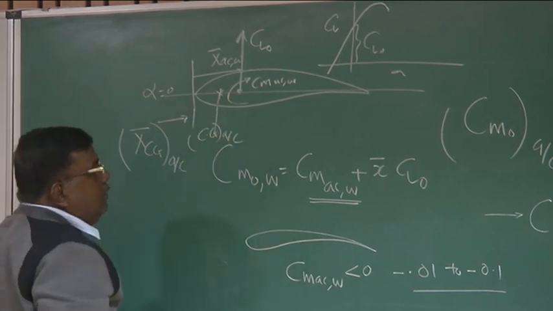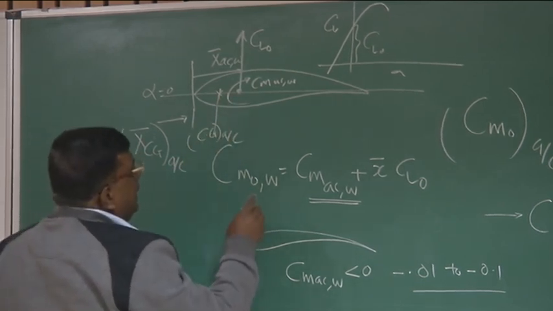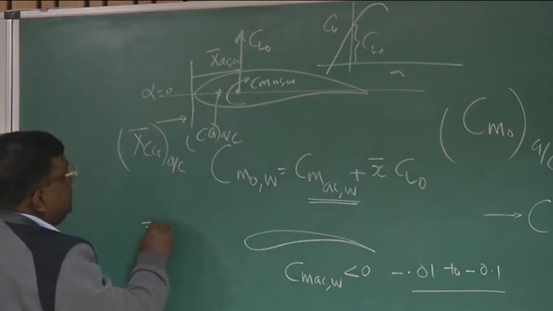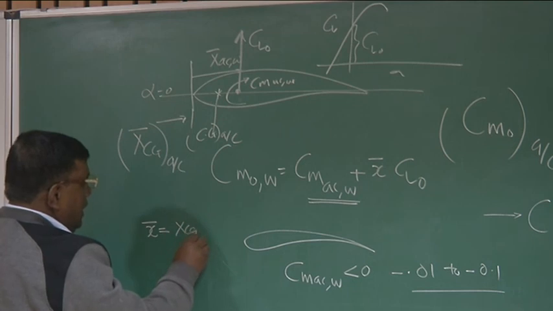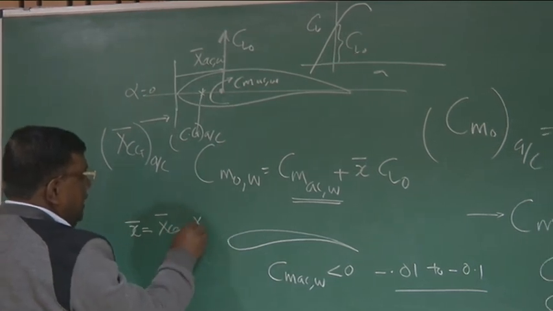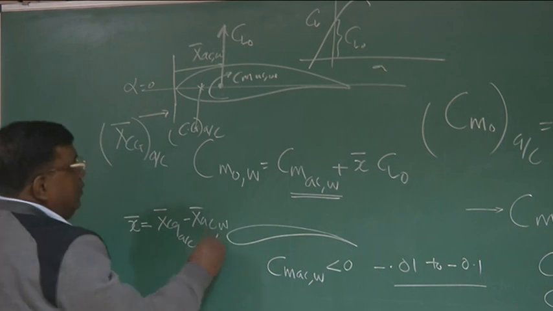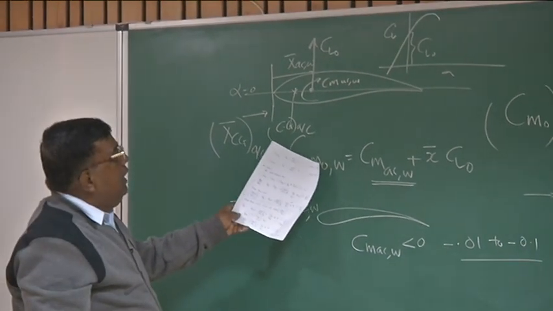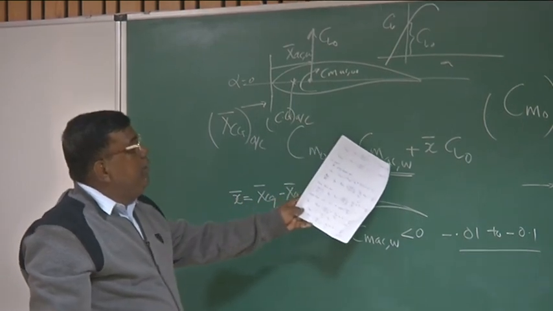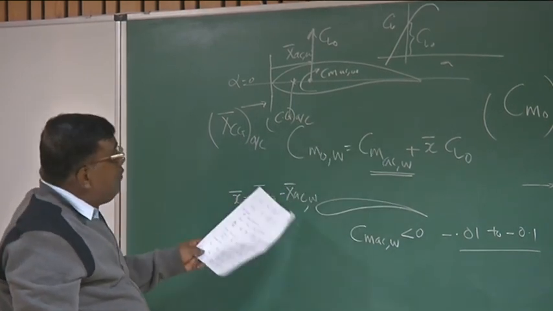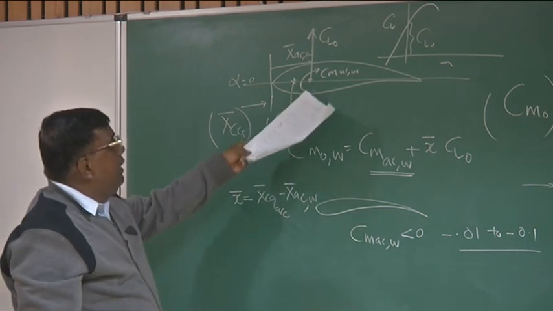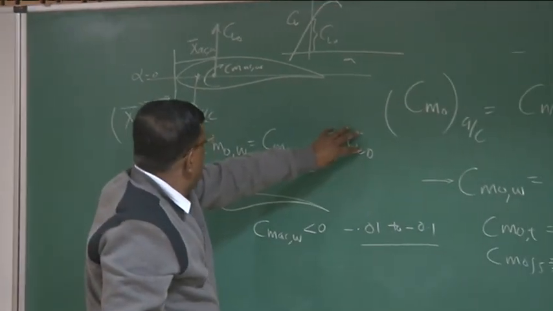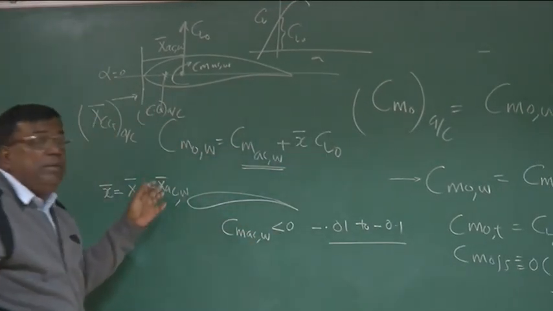Do you see this? So if I write x bar as XCG aircraft bar minus x AC wing, you could see that Cm naught wing about CG is Cm AC wing plus x bar CL naught, and if AC of the wing is aft of CG of the airplane, this contribution also will give a negative pitching moment.